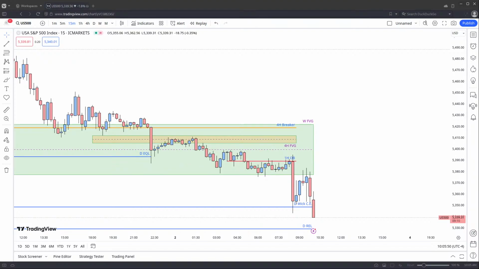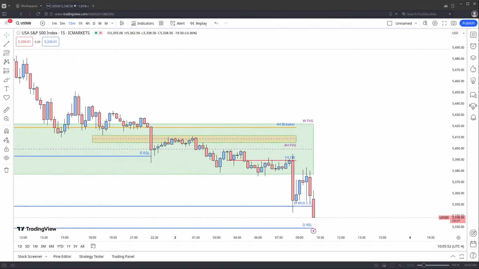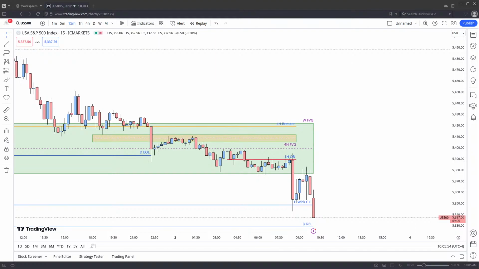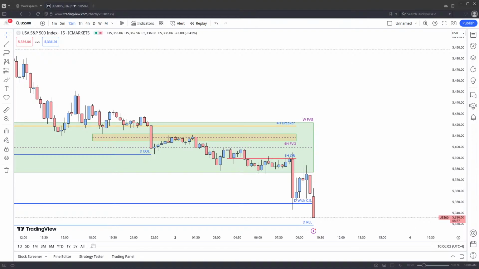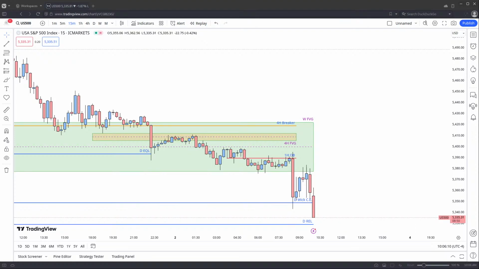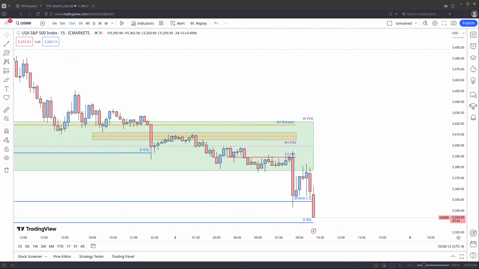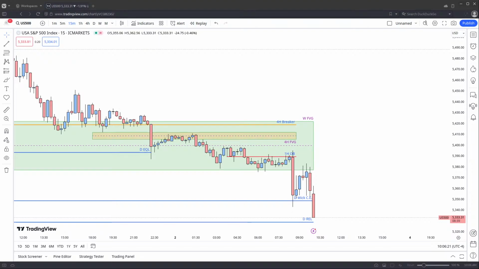This is pretty much going to be applicable to any PD array. But you might actually be looking at mean thresholds of certain PD arrays, which could really be any PD array. You might be looking at mean thresholds or consequent encroachments of fair value gaps, or of order blocks, or of breaker blocks.